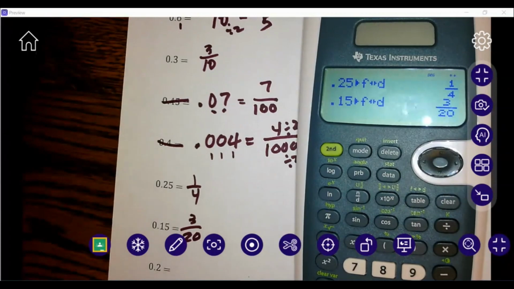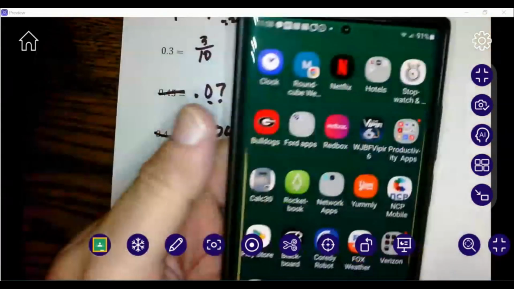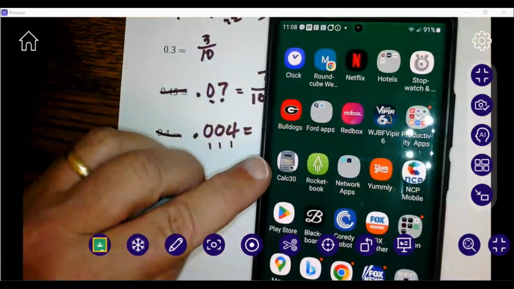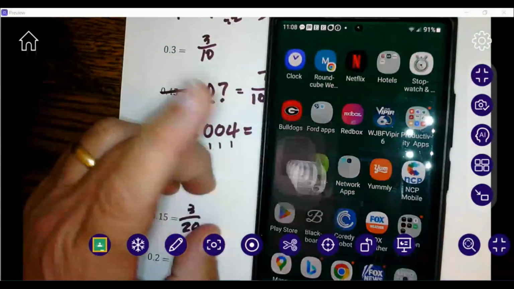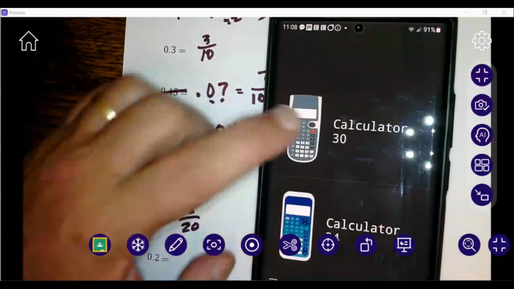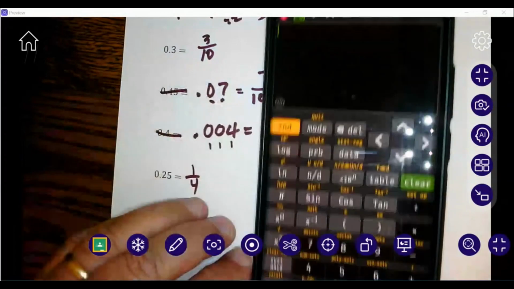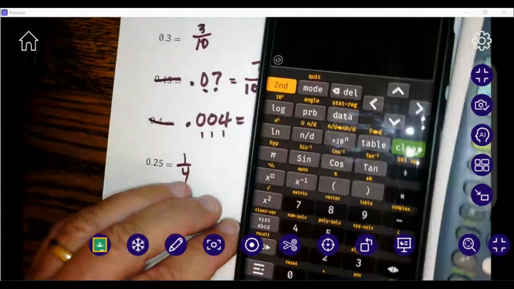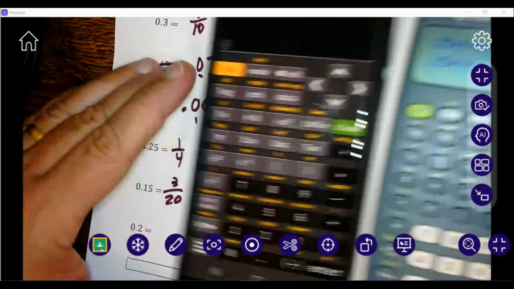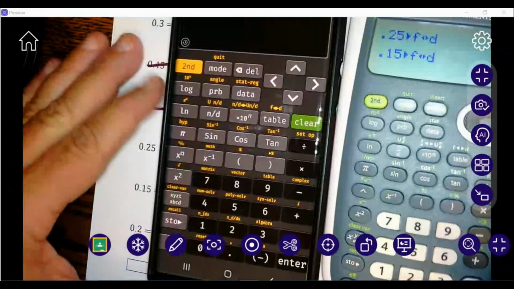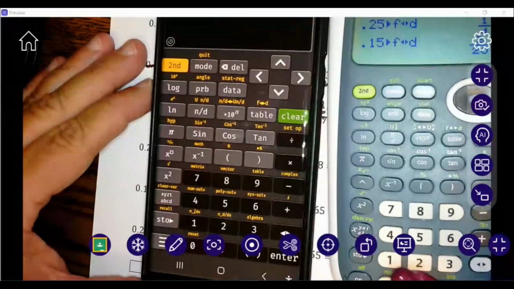Let me see if I can find it. Oh, here it is. On my phone, you can see it's called Calc 30. When I load that, I pick which calculator I want, and it doesn't look exactly the same, but the keys match. Everything that's on the app, they're in the same exact spot.